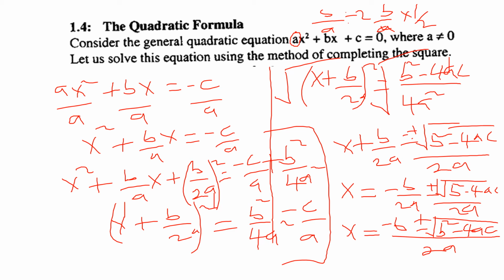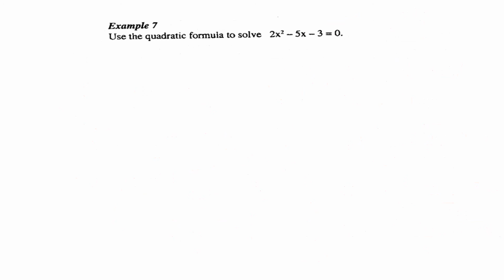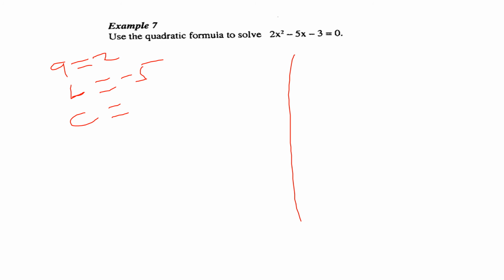So in that case, let us solve one of the examples. We know that that's our formula. In this case, we can say, for example, that our a is equal to 2, our b is equal to negative 5, and our c is equal to negative 3.